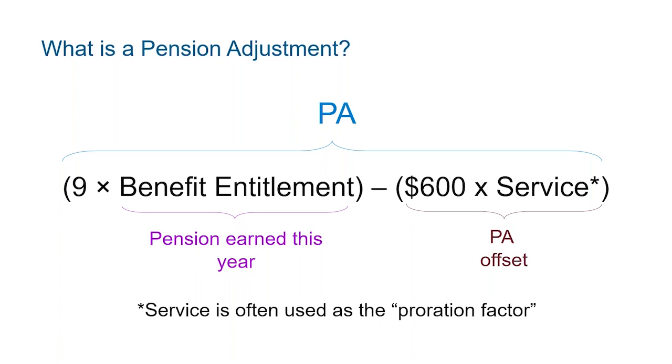However, the PA offset amount is typically multiplied by a proration factor. Typically, in defined benefit plans with service, the PA offset is prorated based on the service. At this stage, you may be asking the question, if a typical PA requires service to calculate the offset, how does this work for DBplus, a plan that does not have service built into it?